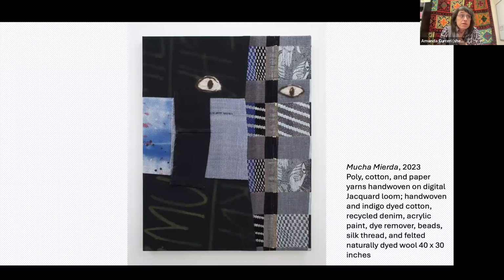This one's called Mucha Mierda, sort of "much shit," but the way some folks say good luck in Spanish. There are lots of moves on this one: digital weaving, felted wool for the eyes, hand-woven denim, and hand-dyed used jeans that I've cut up and bleached, some painting.